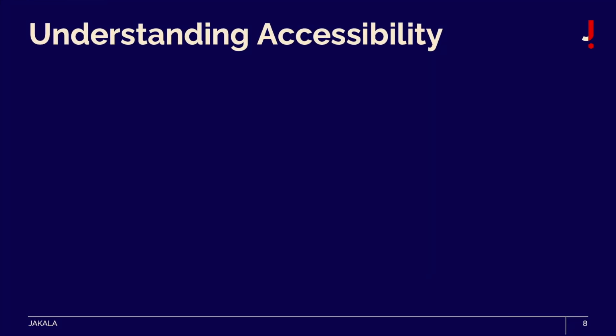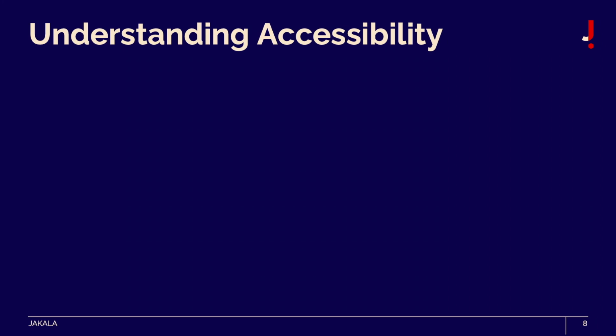So, understanding accessibility. This might be a bit tricky for anyone that doesn't have disabilities. When I've talked to different people, the most common thing that I hear when we talk about web accessibility is that it is for visually impaired users or blind users only.